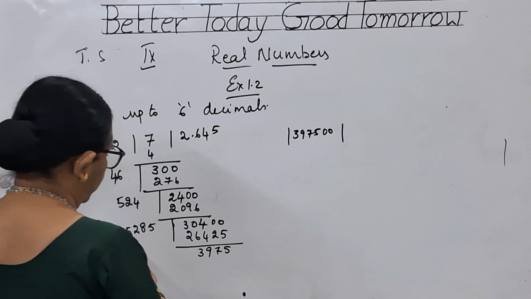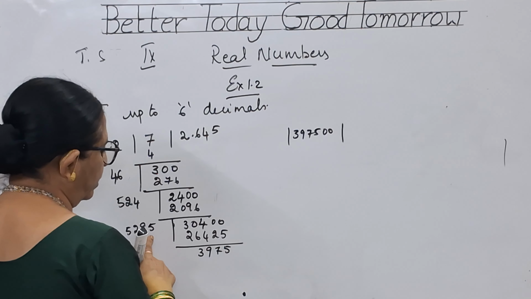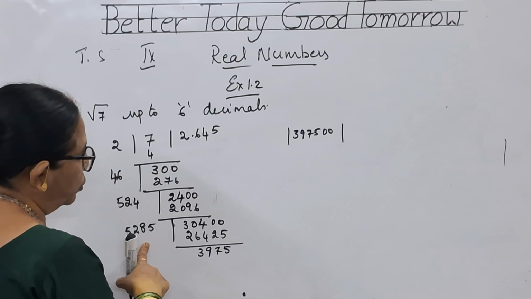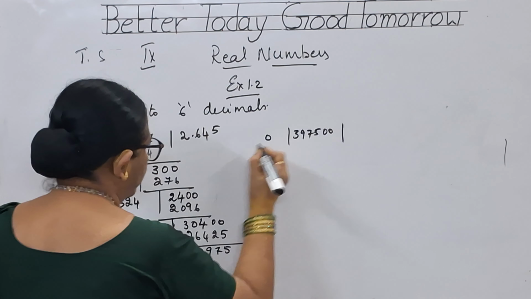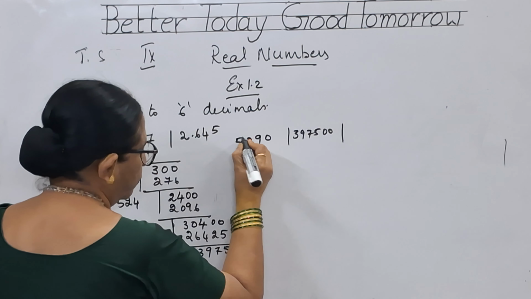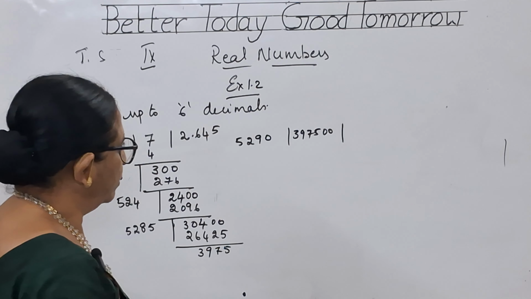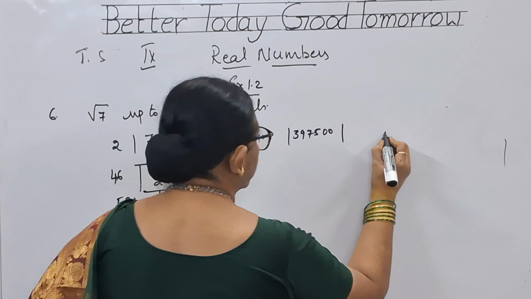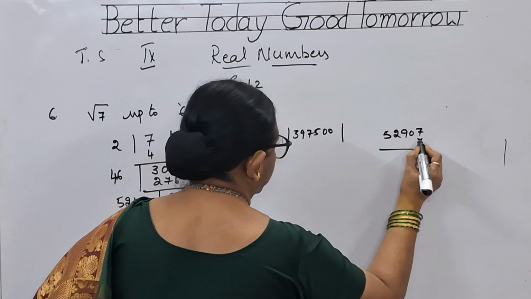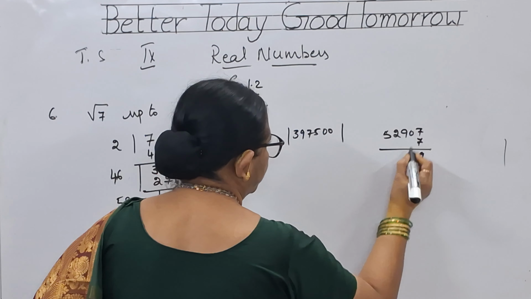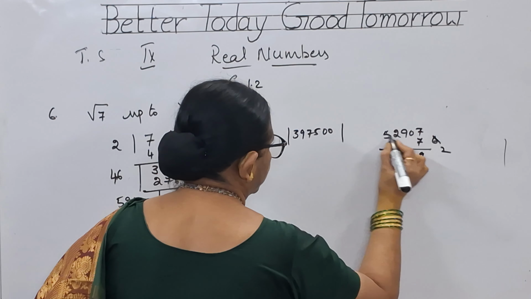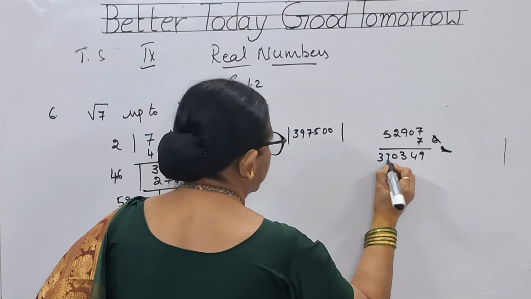Now here 5 2 8 5. So 5285 into 2: 5 2s are 10. This is 9 2 5 5 2 9 0. 5 2 9 0. 7 there we will take: 7 7s are 49, 7 9s are 63, 7 2s are 14, 6, 20, 35 to 37.